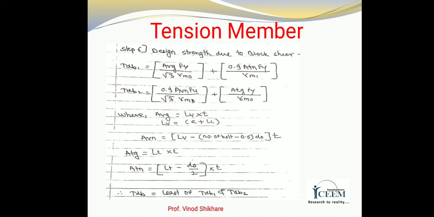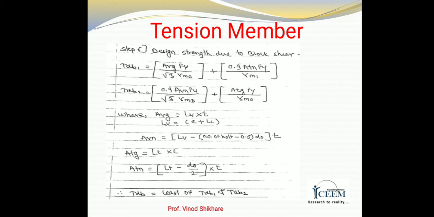The block shear strength TDB of connection shall be taken as the smaller of TDB1, that is in bracket AVG into Fy divided by root 3 rho m0 plus 0.9 ATN into Fy divided by rho m1, or TDB2, that is 0.9 AVN into Fu divided by root 3 rho m1 plus ATG Fy divided by rho m0.